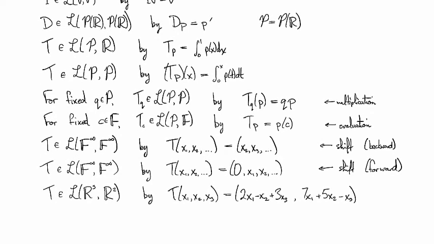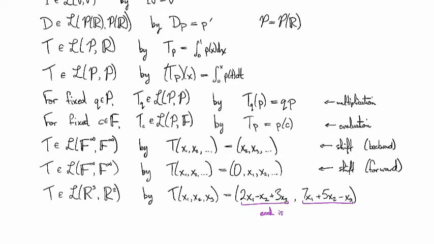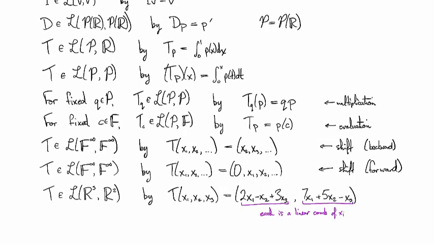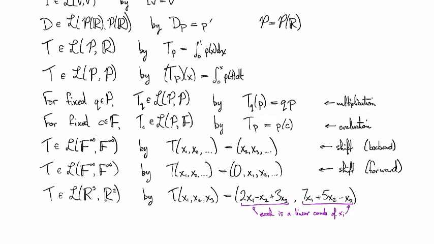So the idea here is that each of these is a linear combination of the xi's. And it's coming from R3, so there's 3 xi's to linearly combine. And then we're mapping into R2, so there's 2 output blanks, right?